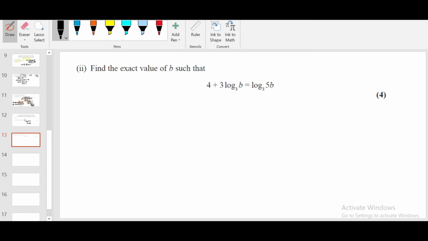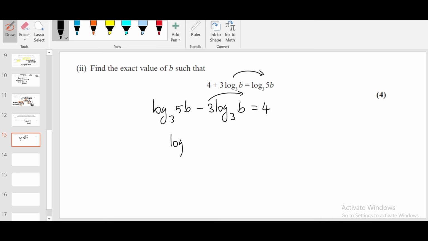Solving logarithmic equation now. So the first step in solving logarithmic equation is collect all the logarithms to one side. So I'm going to put this logarithm here. So I will get log 5b to the base 3 minus 3 log b to the base 3 is equal to 4. You can put this 3 as a power here.